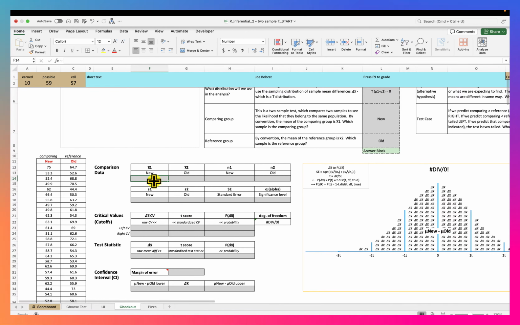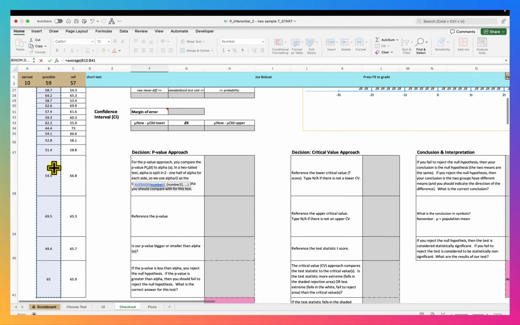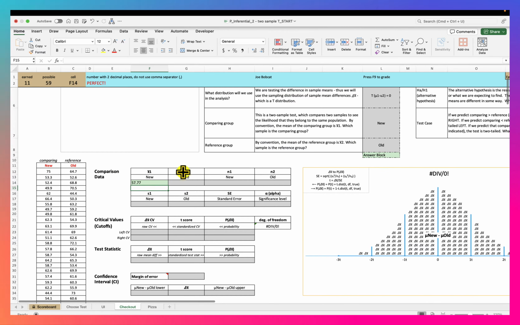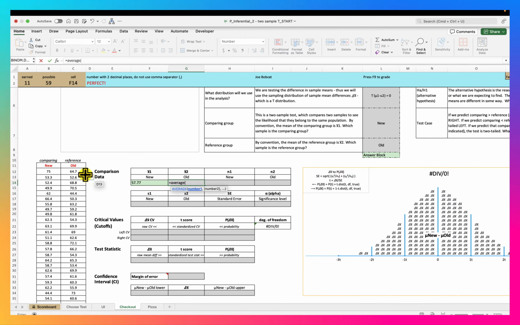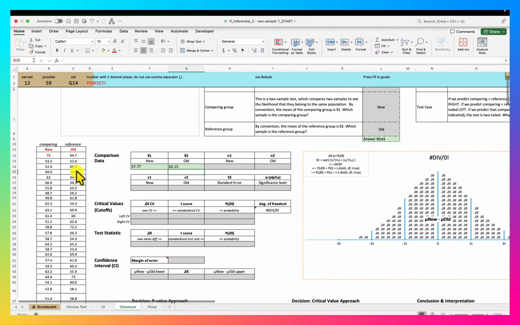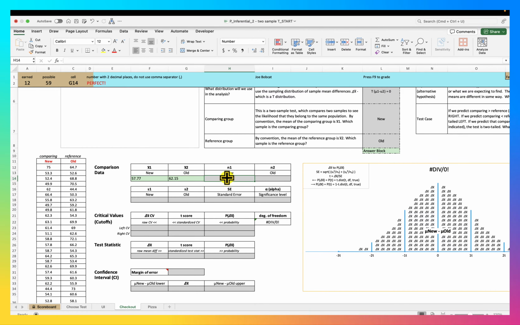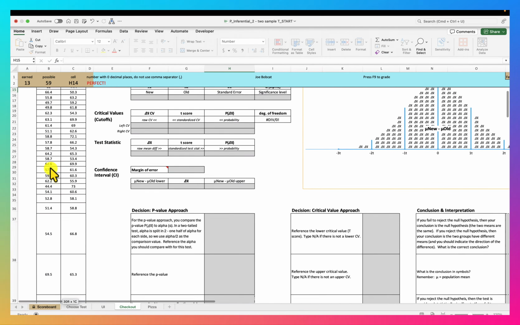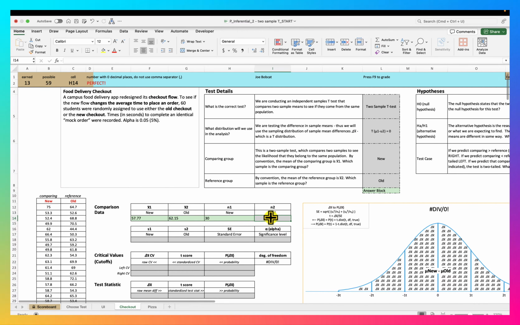So x bar new is average, and x bar old is average. And count of new and count of old.